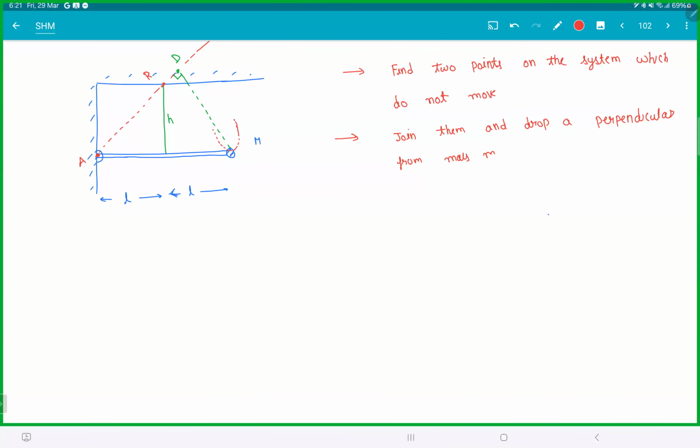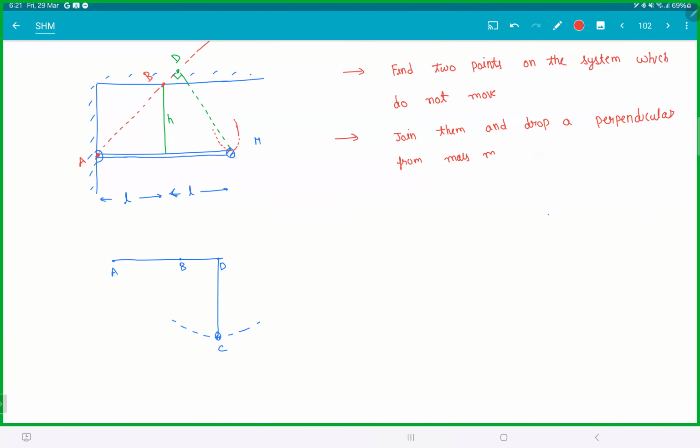This point is B. Now, if you observe this, if I just rotate it a bit, it looks like point A, point B, point D, with 3 points stationary. And we have one pendulum here of mass M, which is just oscillating.